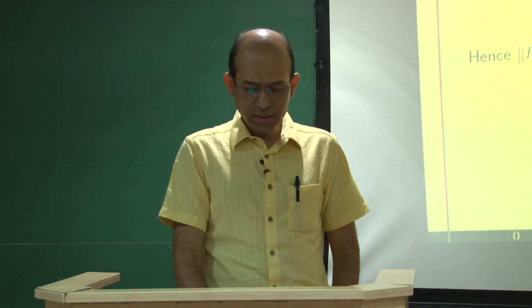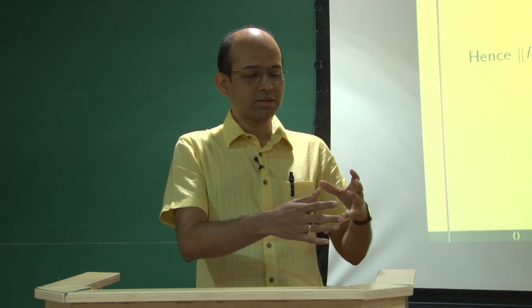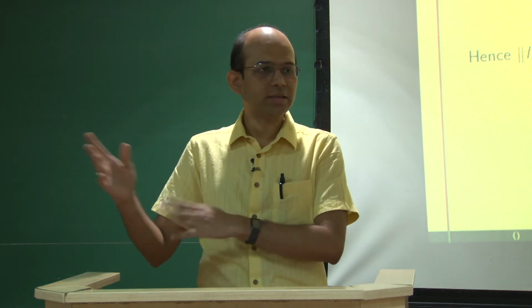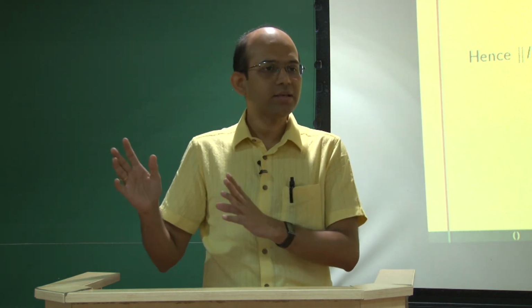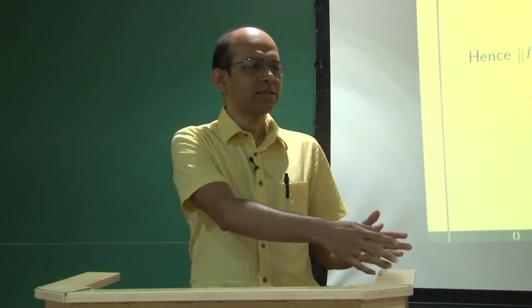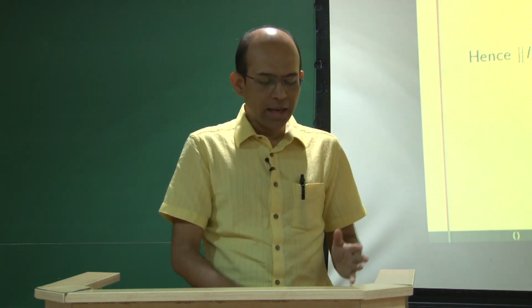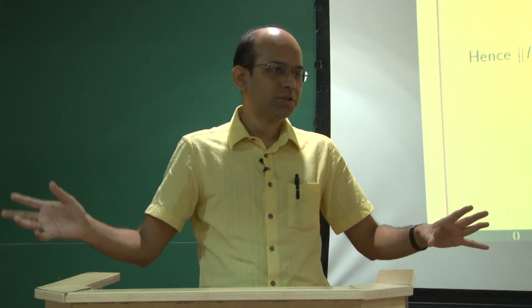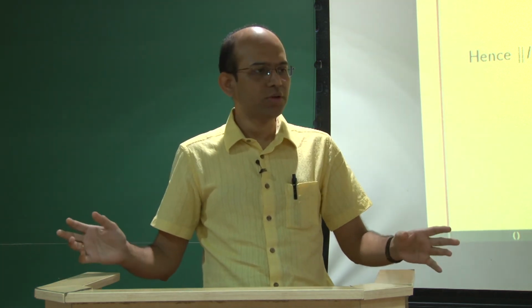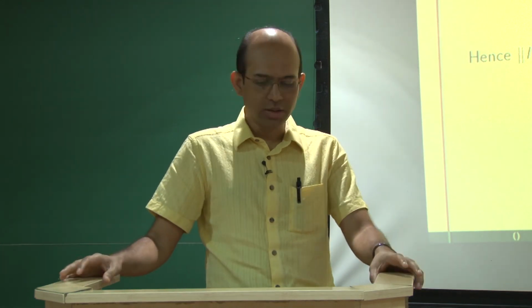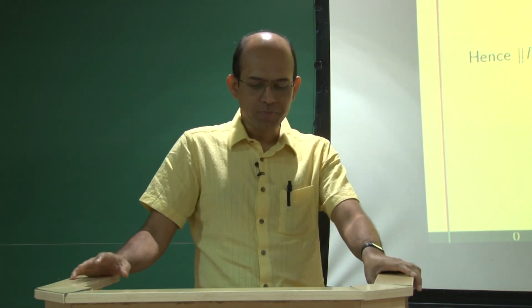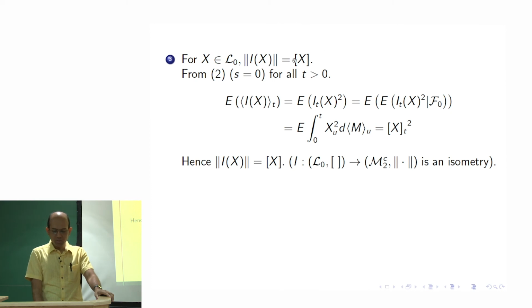It is important to understand that x is the integrand and Ix is the integral. Ix is a martingale, but x is just an adapted process. So these are two different spaces, and these two different norms are defined separately. However, the box norm of x is defined using the martingale itself, the same martingale which appears in the definition of Ix. So that is the connection.